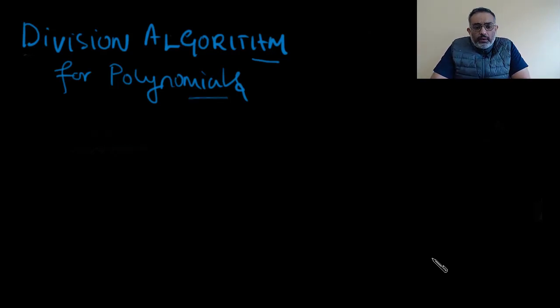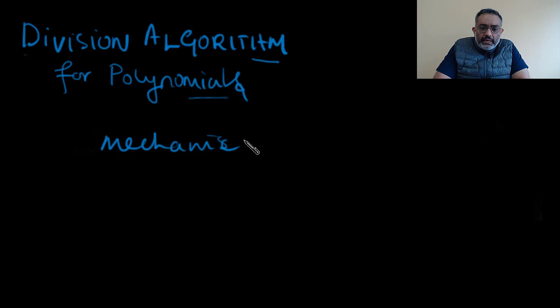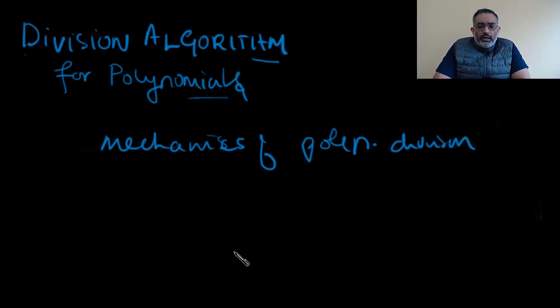Okay, now we will try to understand this concept in detail, and a key ingredient is the mechanics of polynomial division. The mechanics is fairly similar to the mechanics that we are already familiar with for numbers, but the key difference is that a polynomial has more than one term.